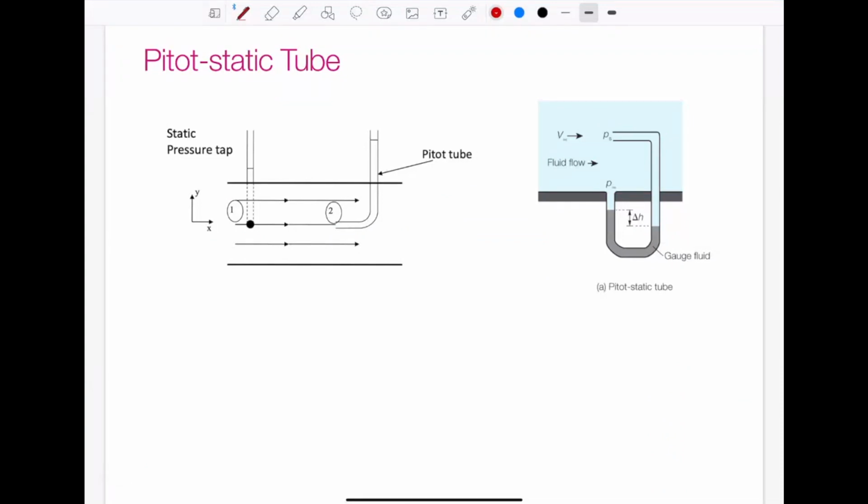So let's look at what's actually happening in this pitot-static tube. How does this make sense?